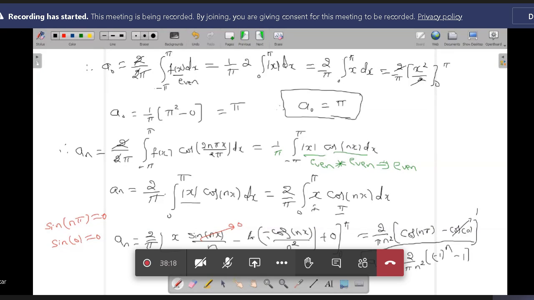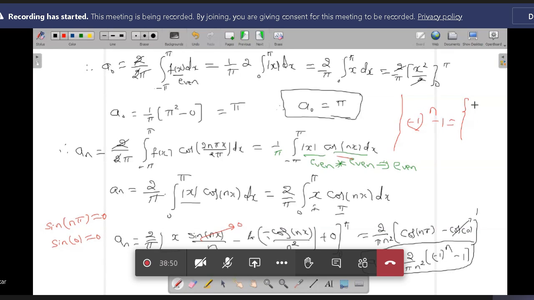So here this is an. Again if you see the term minus 1 power n minus 1, you can further define it. Suppose n is odd. What happens? n is an odd number, meaning 1, 3, 5. When n is equal to 1, minus 1 power 1 is minus 1, so minus 1 minus 1 will be minus 2.